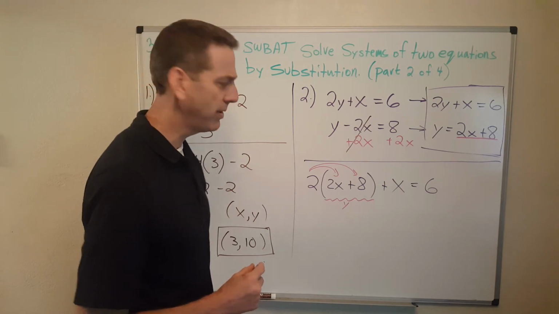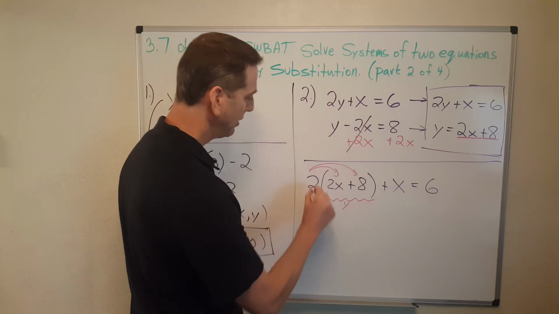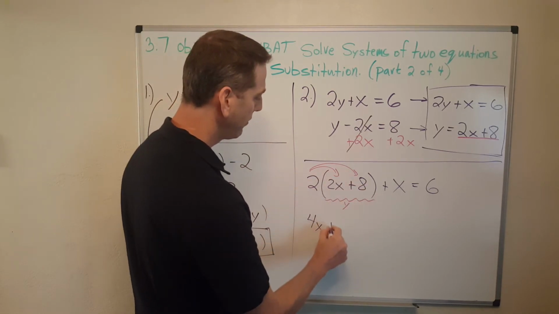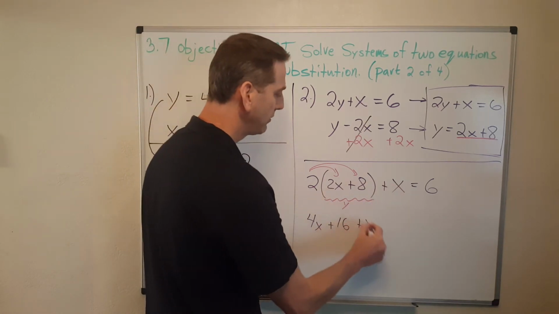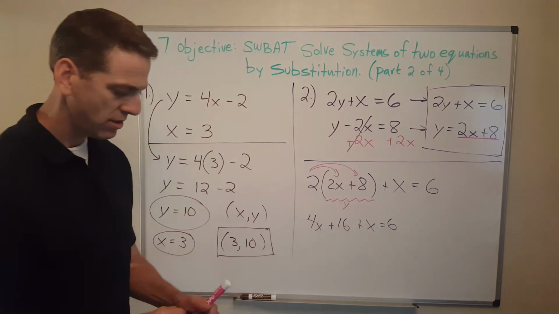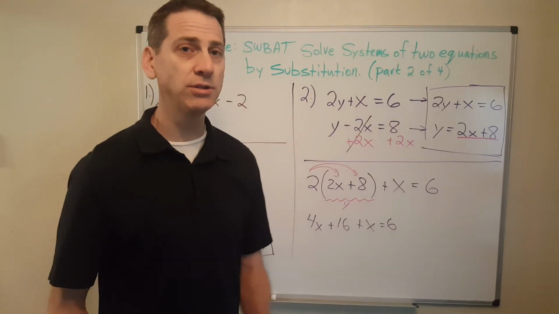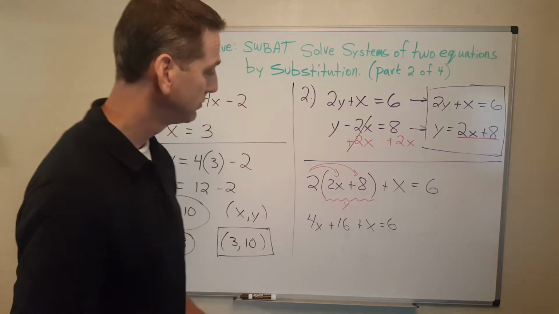Alright, did you get something? 2 times 2x is 4x. 2 times 8 is a positive 16 plus x equals 6. Okay, so I'm done with my distribution. Now I want to see if there's any like terms.